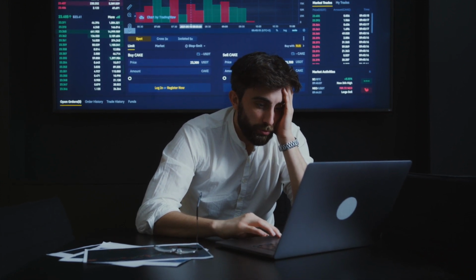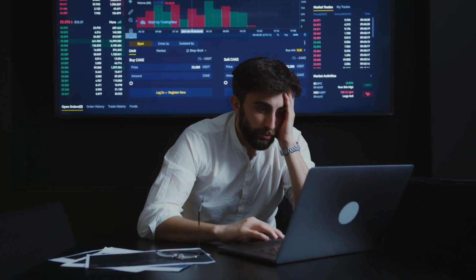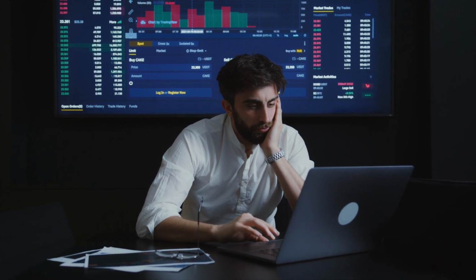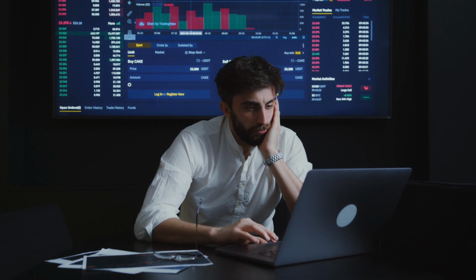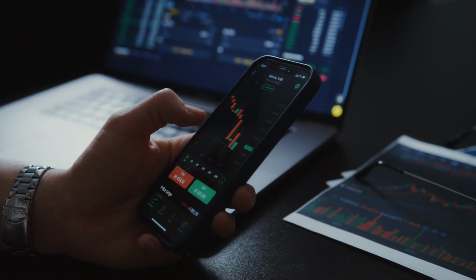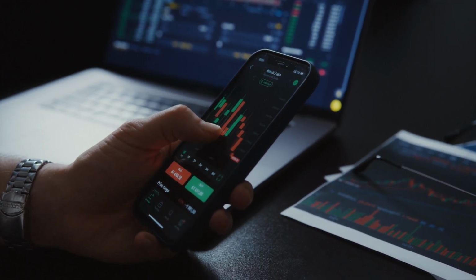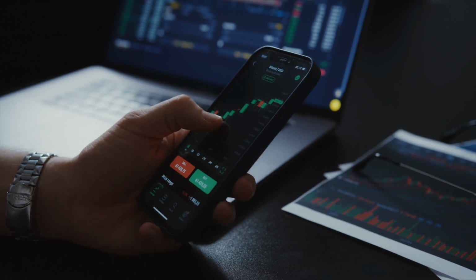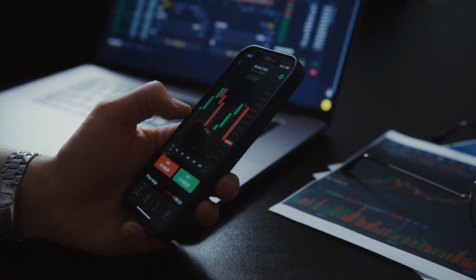Have you ever wondered that, or have you gone through that yourself? So you're doing great on a demo account, you're profitable on a demo account, but as soon as you switch over to a live account, it just seems like everything is going wrong, and you can't replicate what you're doing on a demo account on a live account. Well, that's what we're going to go ahead and talk about in today's video.